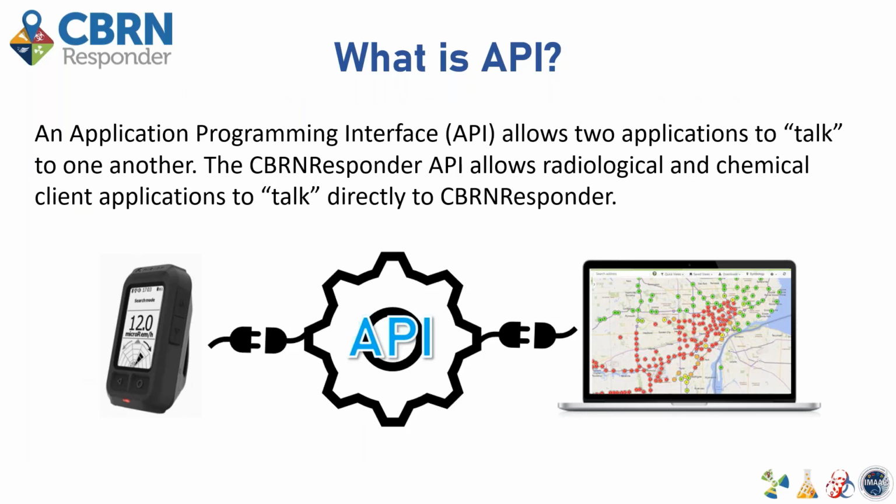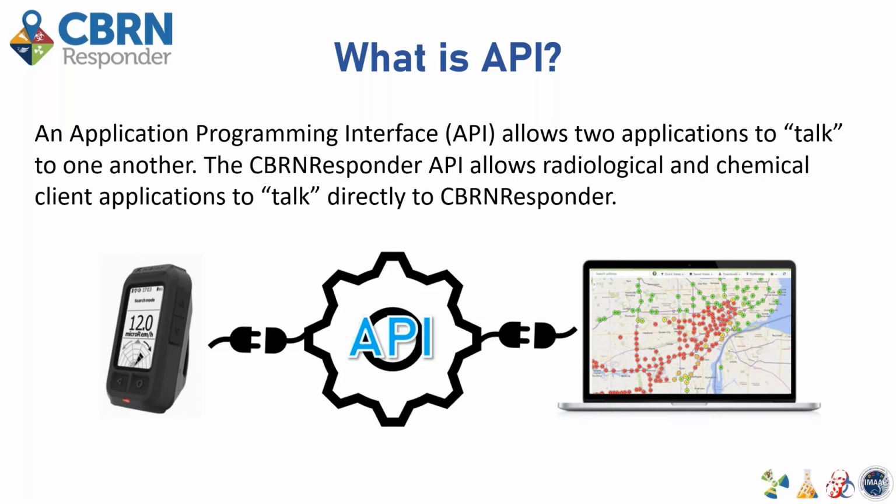And to start from the beginning, what is exactly an API? API stands for Application Programming Interface, and what this does is it allows two applications to talk to one another. So we have developed a CBRNResponder API that allows radiological and chemical client applications to talk directly to our CBRNResponder website.